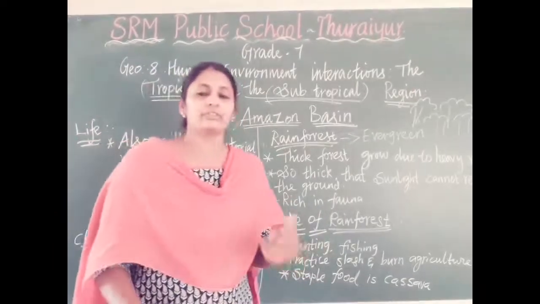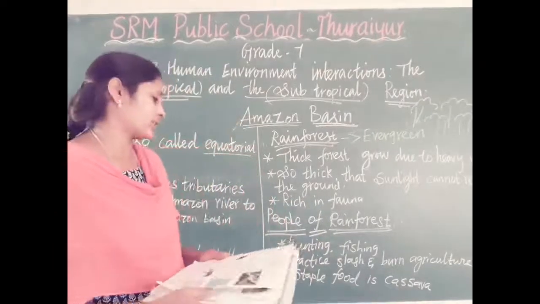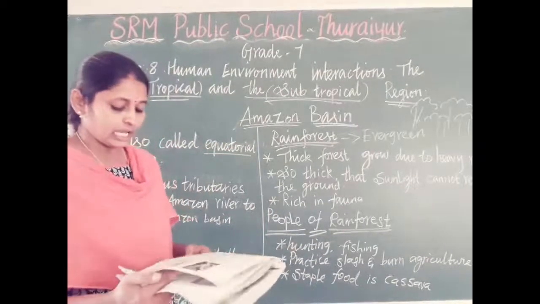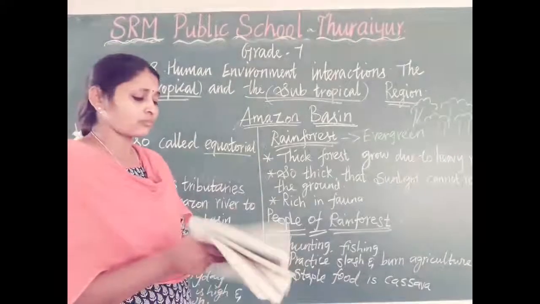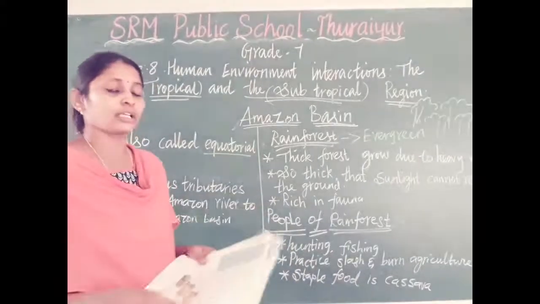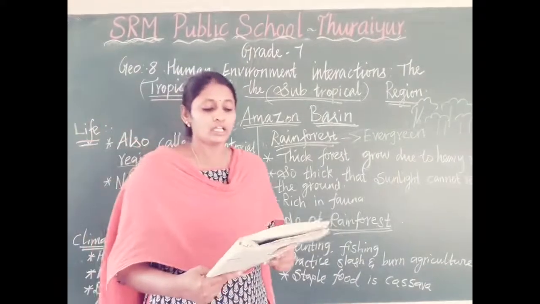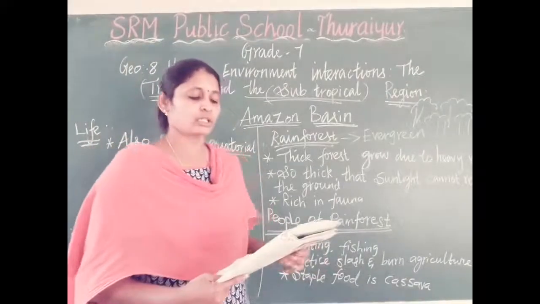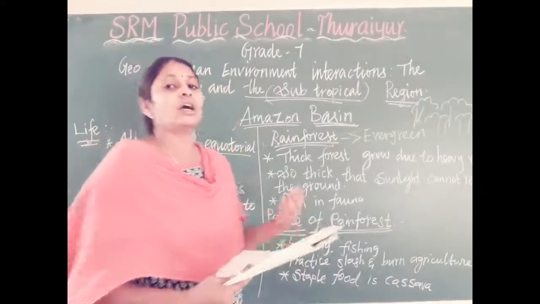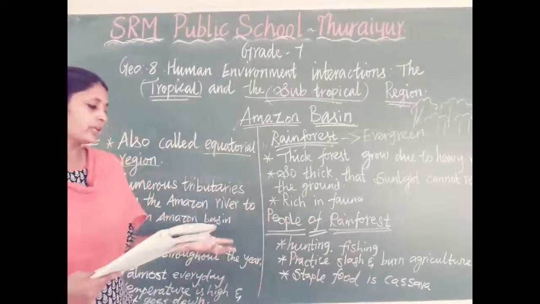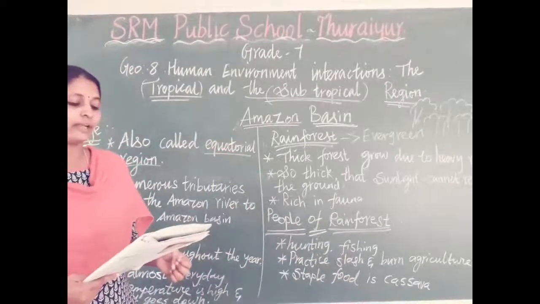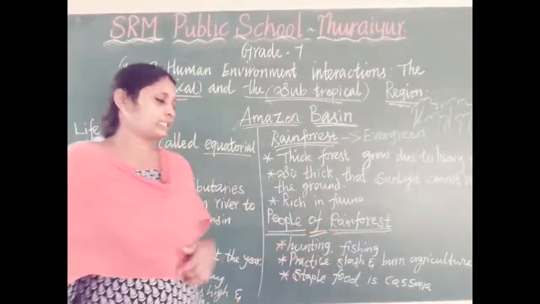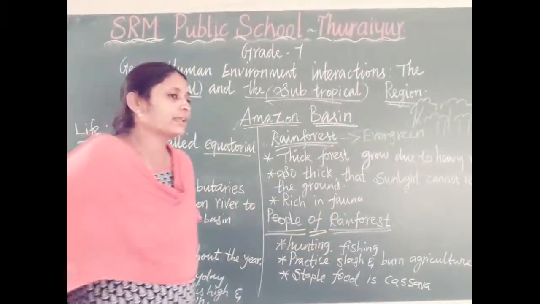The women are involved in agricultural activity. Their main foods, what they mainly cultivate, are tobacco, pineapple and sweet potato. These are the main food items grown in this area. And they practice the slash and burn technique, the slash and burn agriculture method.